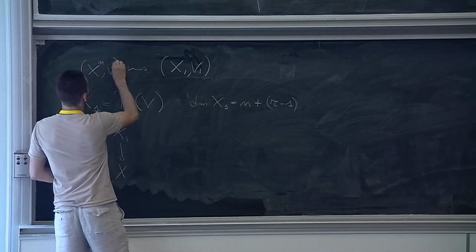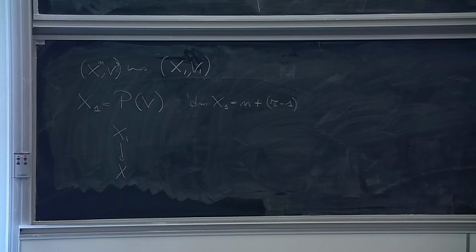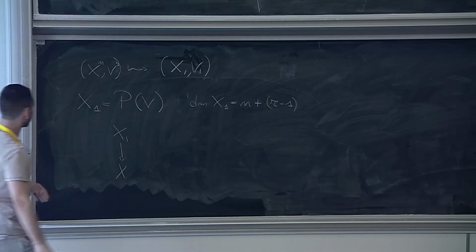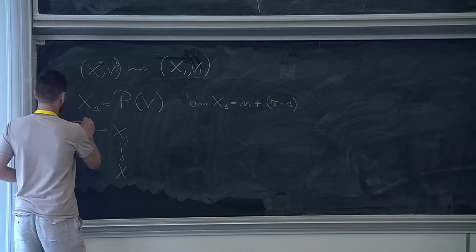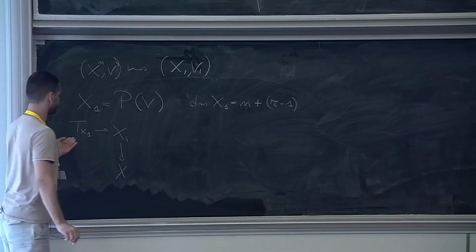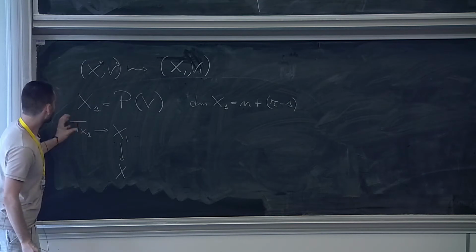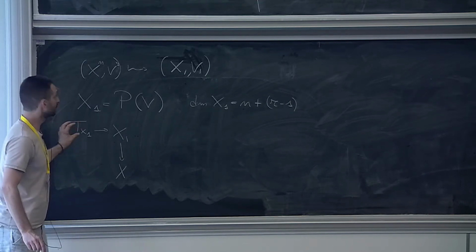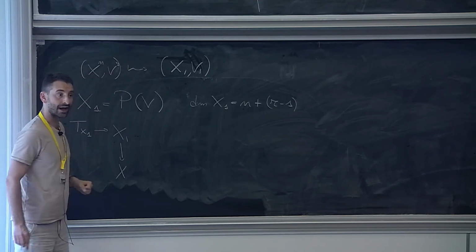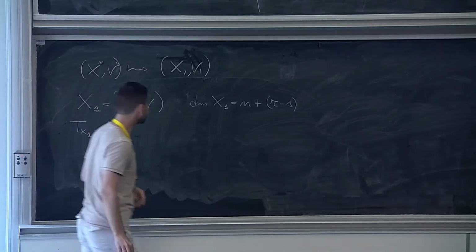where r is the rank of V. Okay? And now, here, you have the tangent bundle over here. And you want to extract some subbundle, as you did for V in TX. Okay, so how do you do?